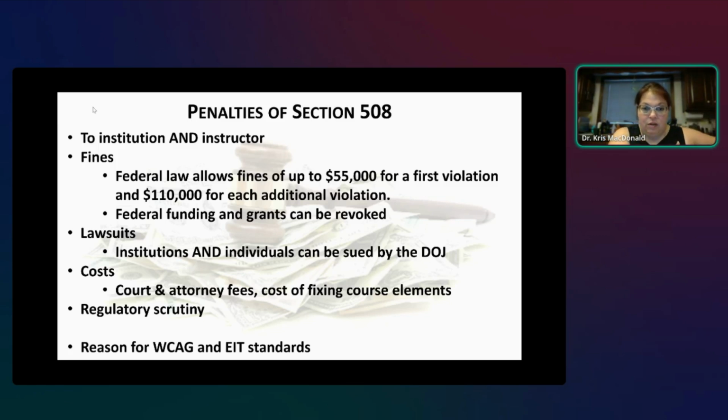That's how the Department of Health and Human Services finds out about it in the United States. So in this case, if a website or an item that is information technology is not accessible, they can report it to the Department of Justice through a form, and then that's how they get involved.